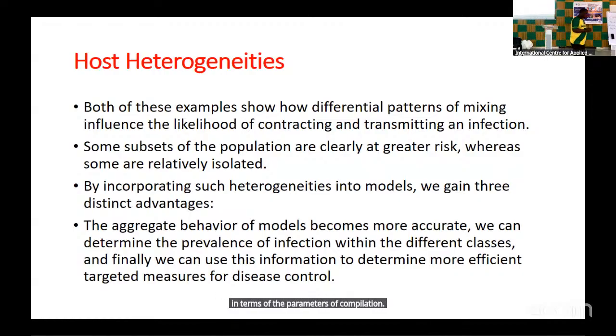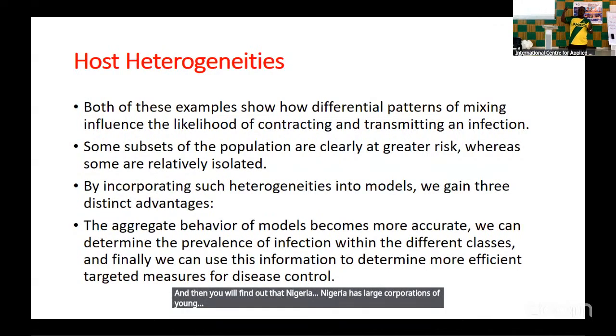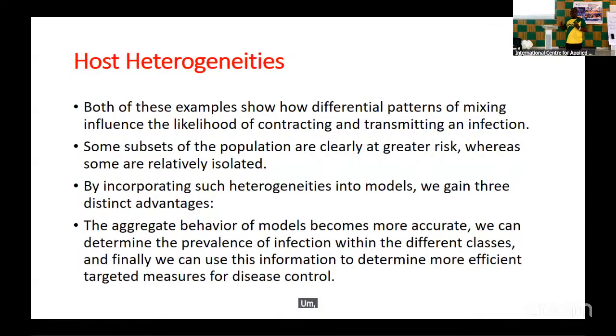Because if you go to countries like those in Europe, where there are older people, you find out that the rate at which COVID-19 spread in Europe was not the same as in Nigeria, because the population pyramid of Nigeria is different from that of Europe. Nigeria has a large population of young people, people below 50 or 55 years.